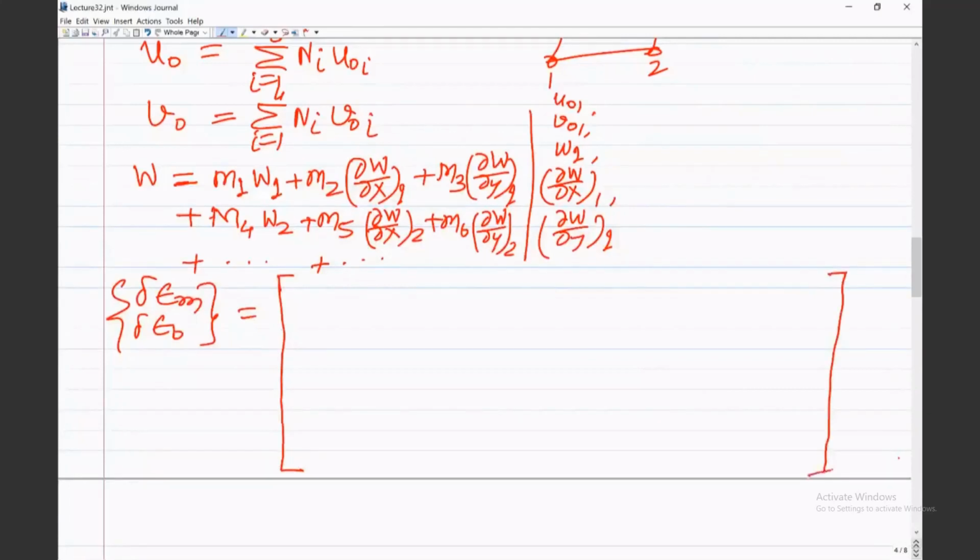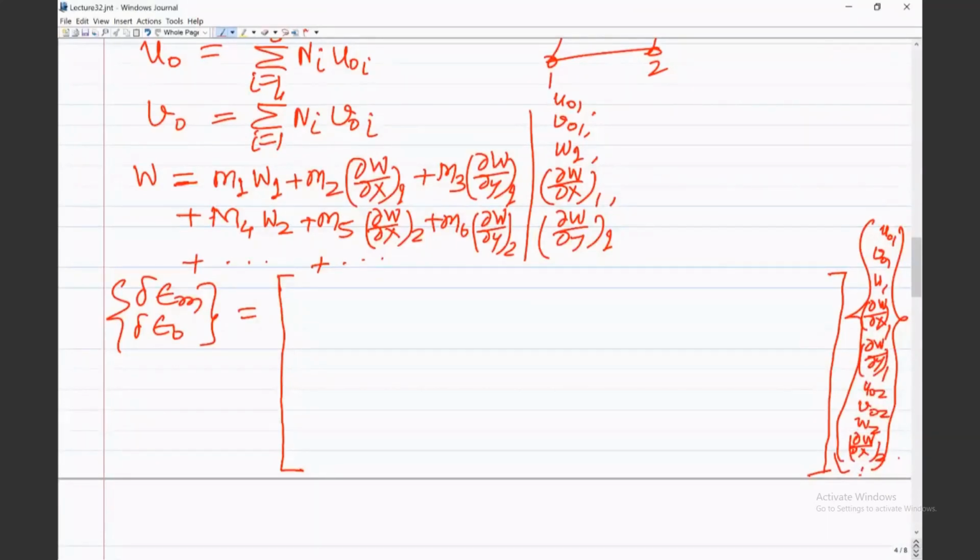Now as far as the degrees of freedom are concerned, you will have u01, v01, w1, del w by del x at 1, del w by del y at 1, and then second node u02, v02, w2, del w by del x at 2, and so on. So that's what the degrees of freedom are going to be.